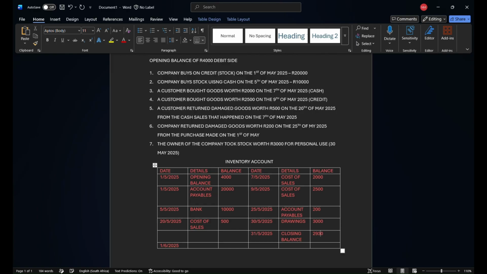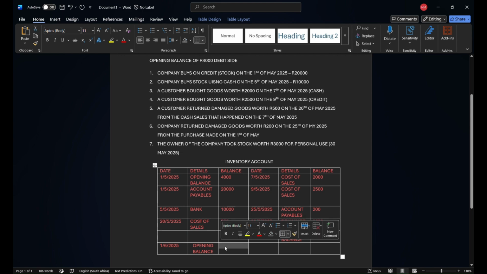How did I get that? I added both sides, got the totals, and then subtracted the smaller side from the bigger side, and I got 29,300. And then on your opening balance for inventory on the 1st of June, you're going to have an opening balance of 29,300. See you on part 2.